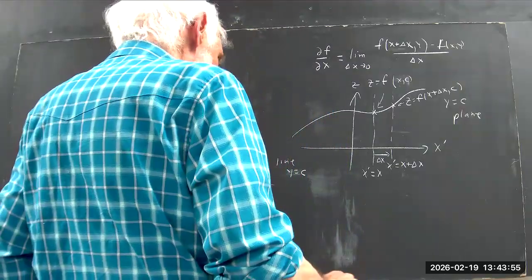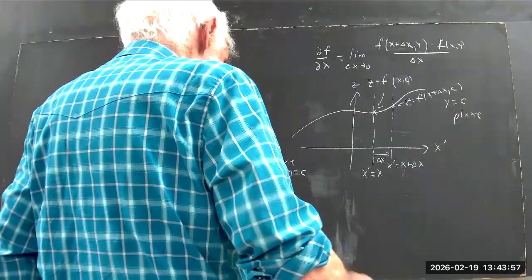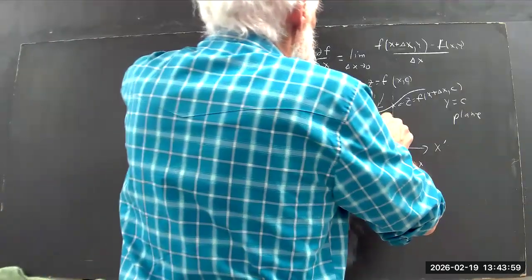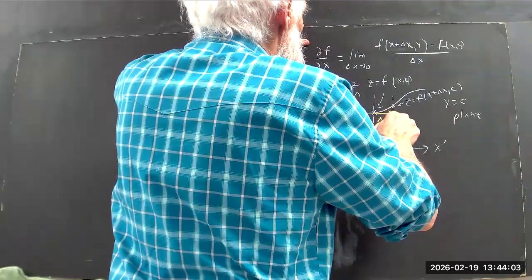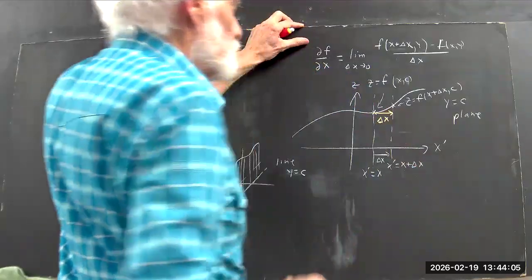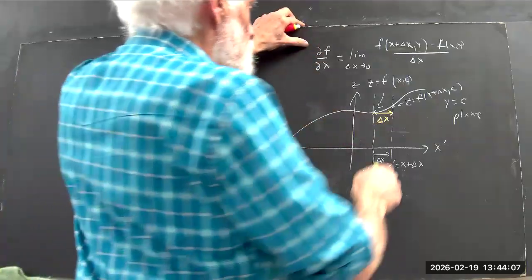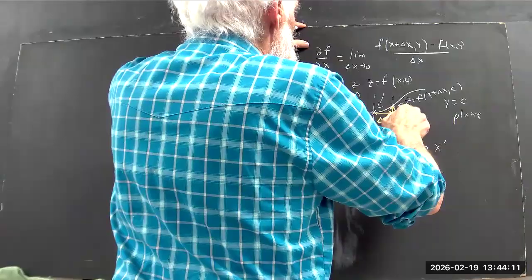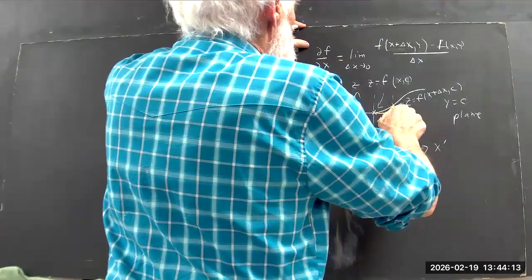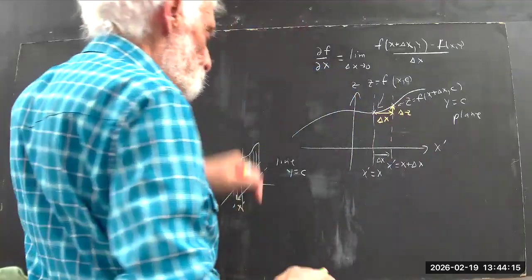Then on this graph, we have our delta x here. We have our delta z here.